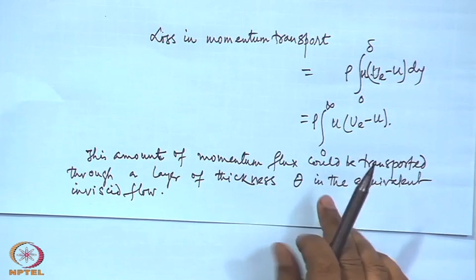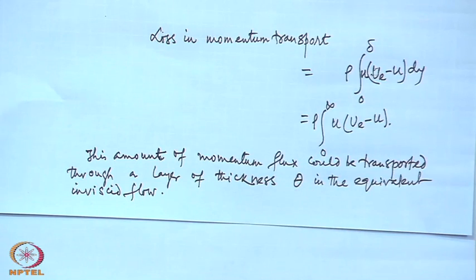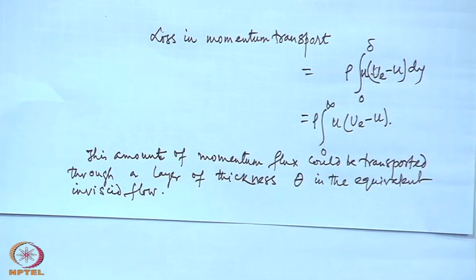What you said is that if we consider an equivalent inviscid flow, then through a layer of thickness theta, the same amount of momentum could be transported. That is, as if we have lost a thickness of theta due to the presence of the boundary layer, as far as the momentum transport is concerned.